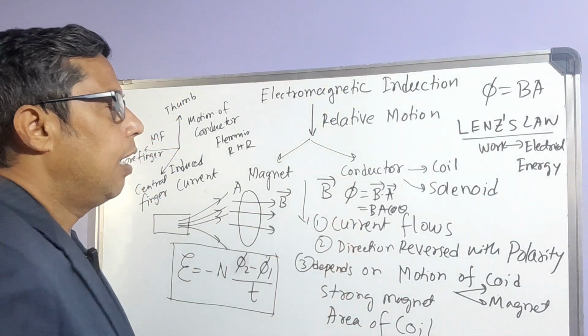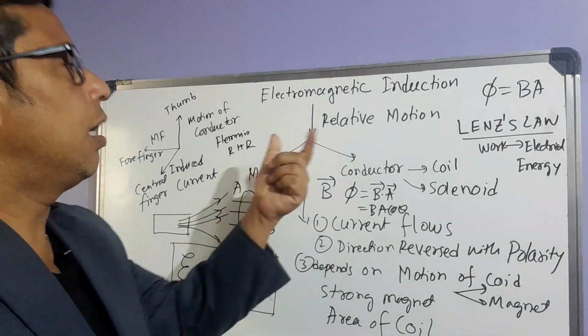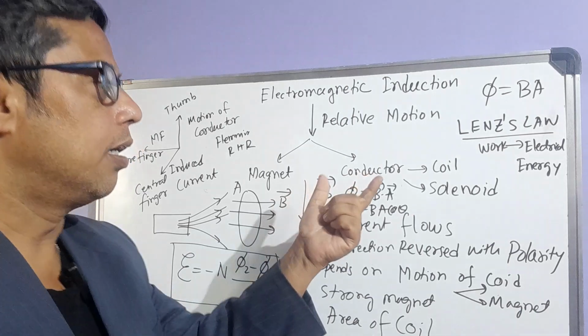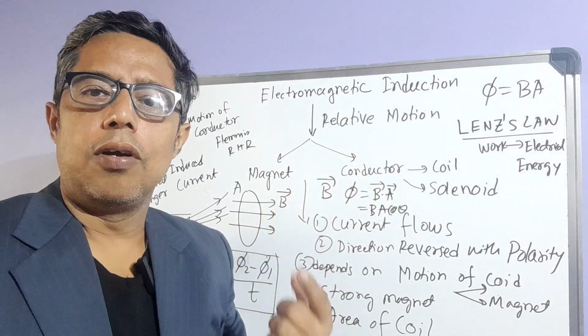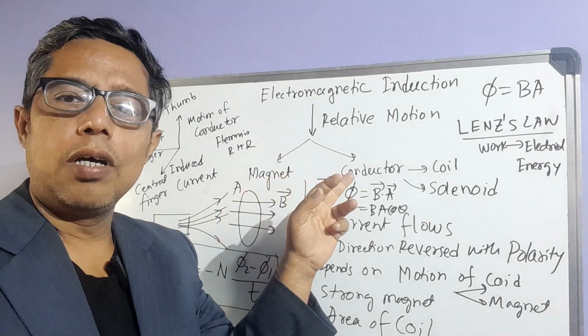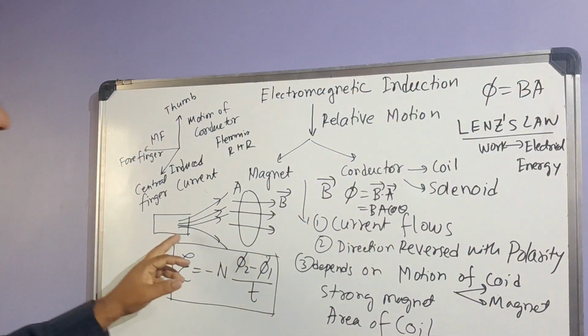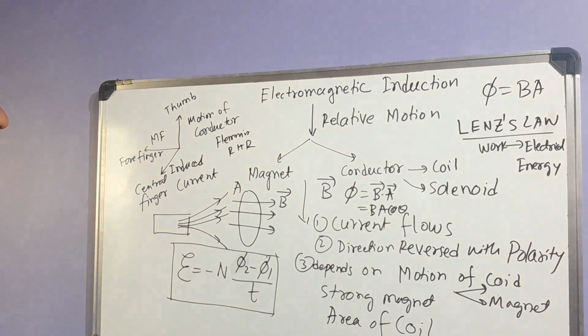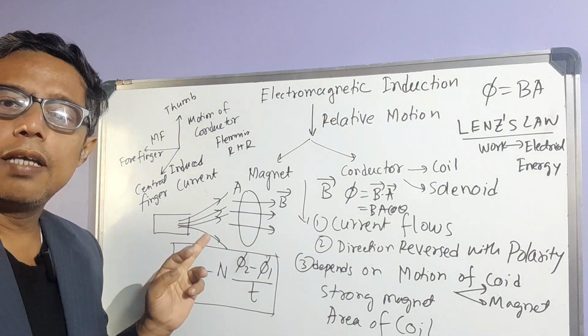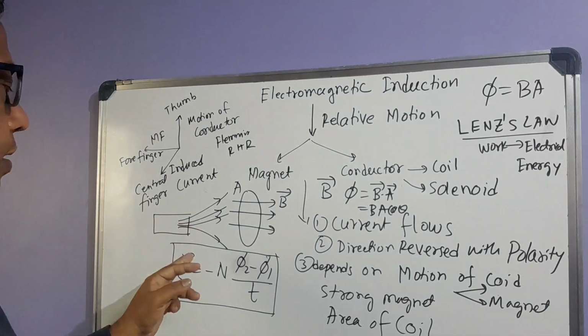Now for electromagnetic induction, we will take a magnet and a conducting wire in a coil shape or in a solenoid shape. Now we'll take this magnet very close to the coil. Let's say this is a magnet and it goes very close to a coil, and this coil will be exposed to the magnetic field lines.